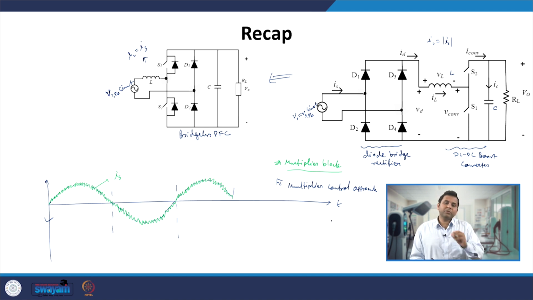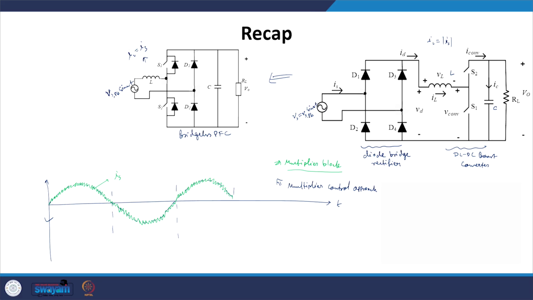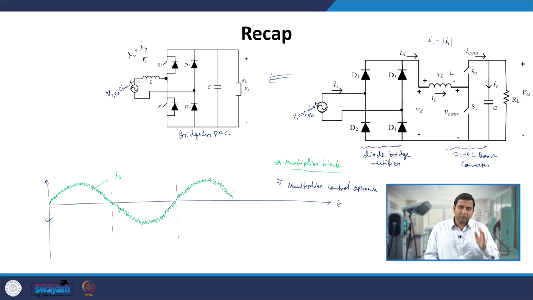The generation of that unit sine waveform has to be such that it closely follows the actual input AC voltage. So there should not be any phase angle between that unit sine omega t and the Vs peak sine omega t which is there in the grid.